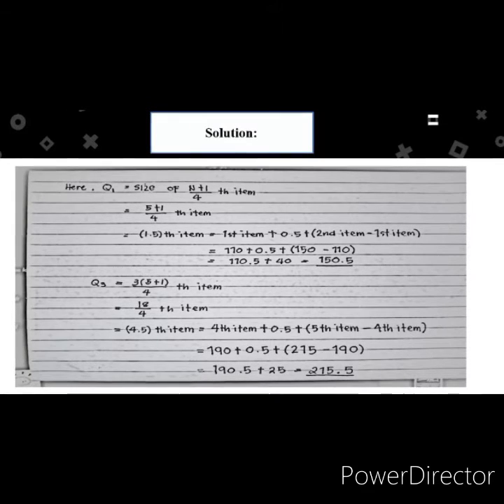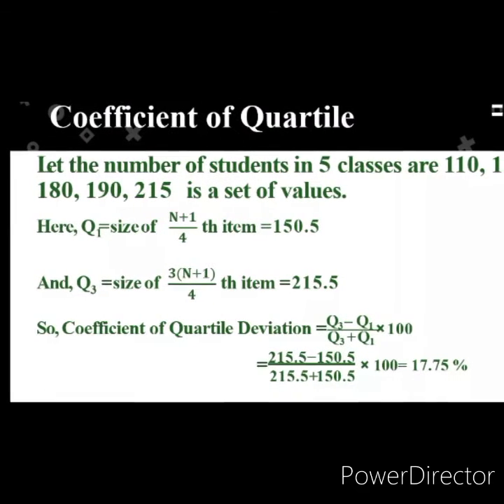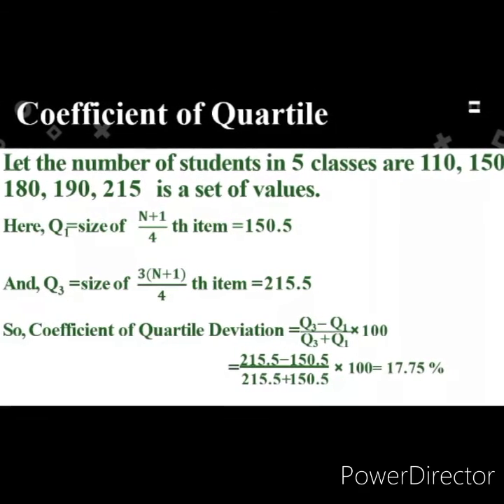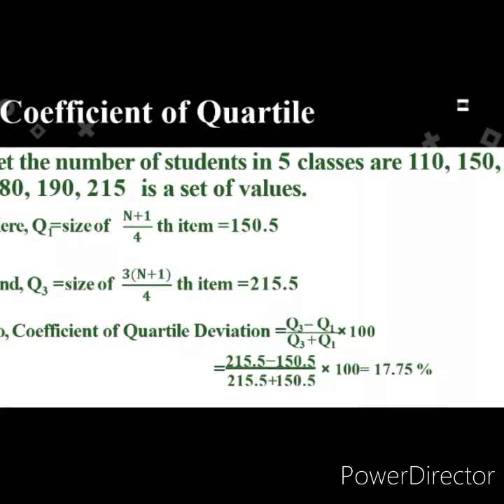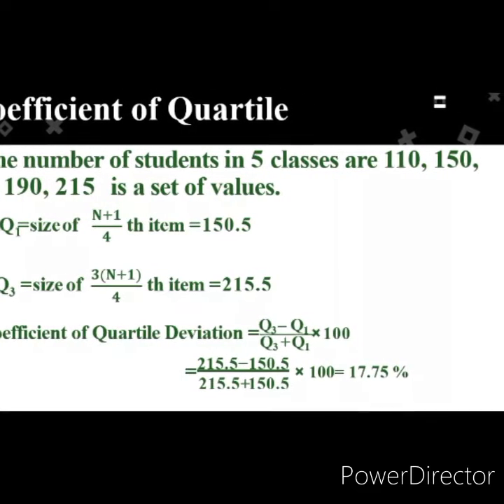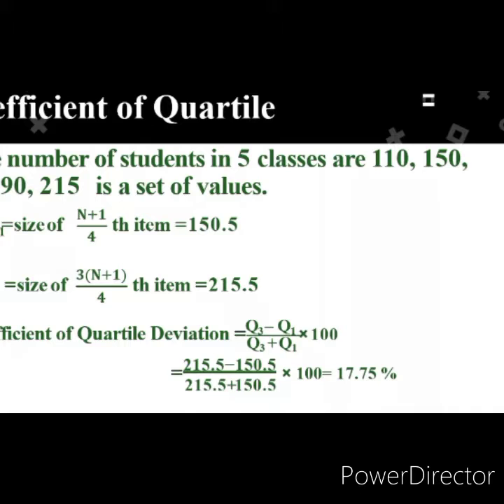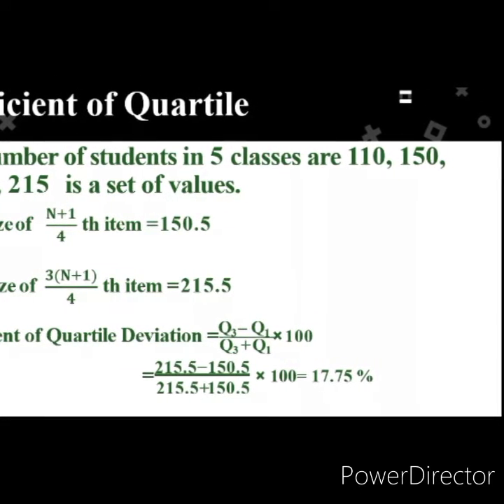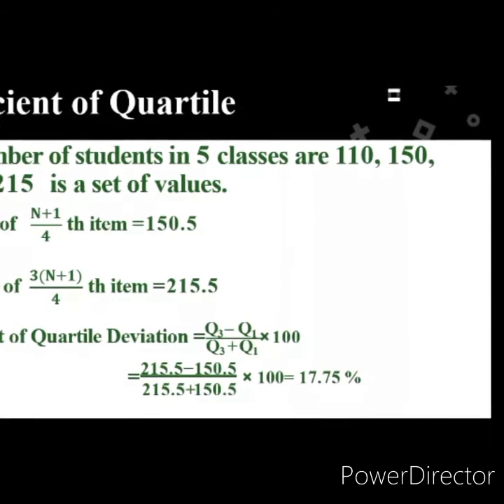So the answer is 215.5. Going back to the problem and applying the formula, we have 215.5 minus 150.5 over 215.5 plus 150.5, times 100, and the answer is 17.75%.